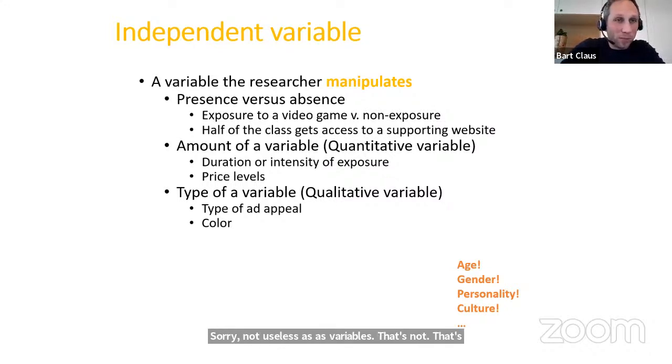But when interpreting the findings, we need to keep open the possibility that we are not actually testing the effect of age or gender or personality or culture, but of a variable that is strongly correlated with age, gender, personality, or any of those other variables. We need to be very careful with our interpretation of the findings, to make sure that we are not missing an explanation for these findings.